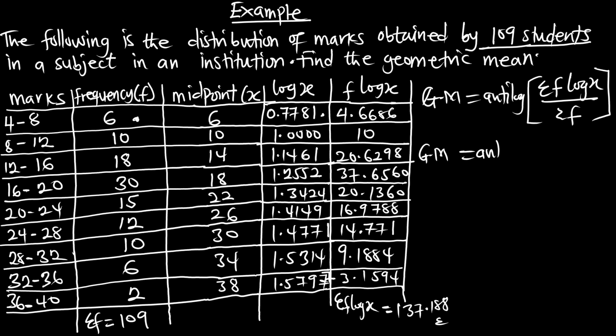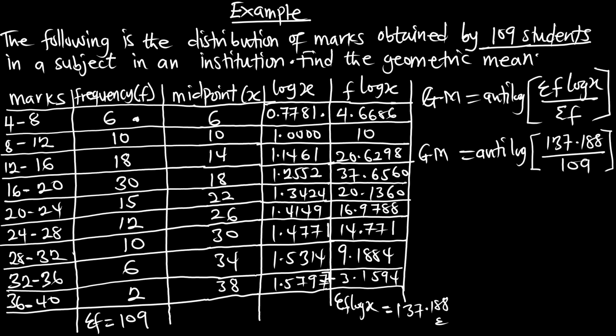So meaning my geometric mean is going to be antilog. Don't forget, antilog is easily forgotten by many people. So this is going to be the antilog of 137.188 on summation of f, 109.